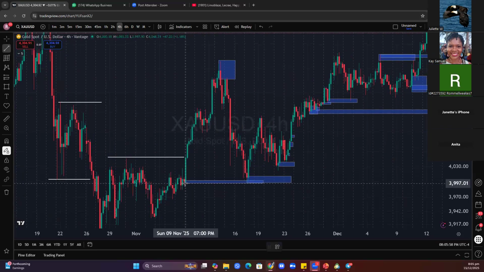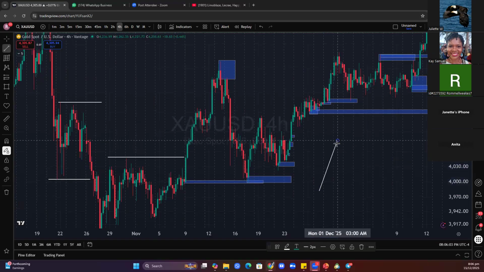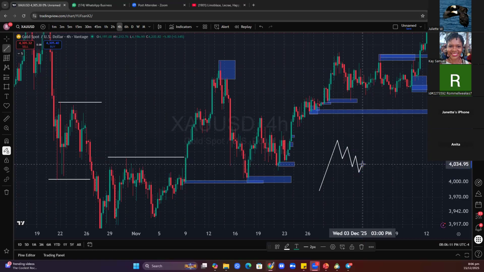Same thing here in a pullback. Let me just put this as an example. So in a pullback, like if we were in a downtrend, we're gonna see this happen as though we were in a downtrend, all right?